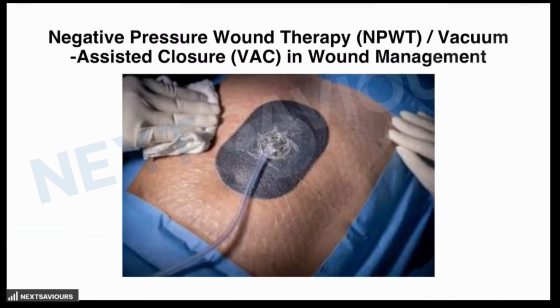And finally, the kind of question which they are asking very frequently now is negative pressure wound therapy, or vacuum assisted closure, in chronic wound management. You know, vacuum assisted closure, also known as negative pressure wound therapy, is an advanced wound care technique that promotes faster healing, reduces infection, and enhances tissue regeneration by applying controlled negative pressure.